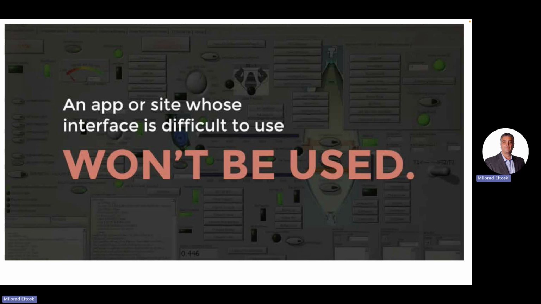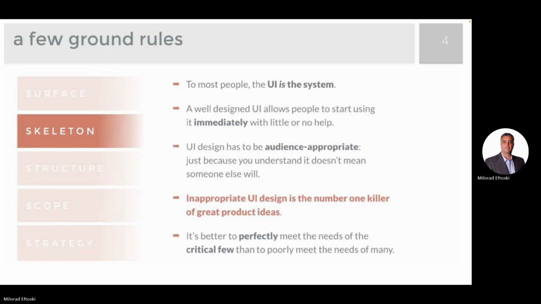It won't be used, okay? To most people, the user interface is the actual system, right? A well-designed user interface allows people to start using it immediately with little or no help.